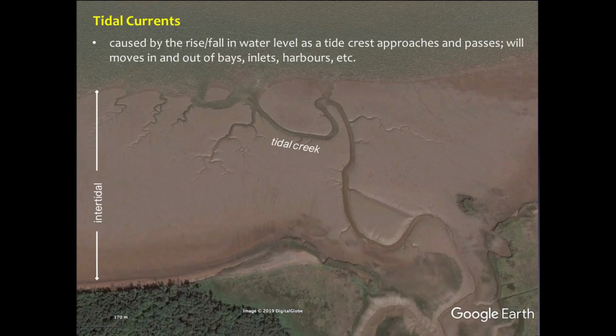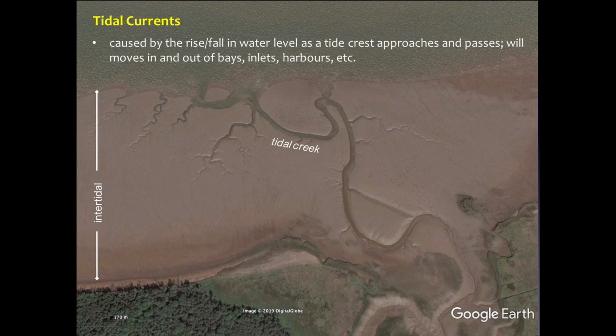This is an image very similar to what we saw in the previous slide. Once again, tide is low here. We see this vast expanse of intertidal zone, which is usually muddy sediments, especially here on the East Coast, but in other parts of the world, it can be rocky coastlines. Cutting across this image is something we call the tidal creek.